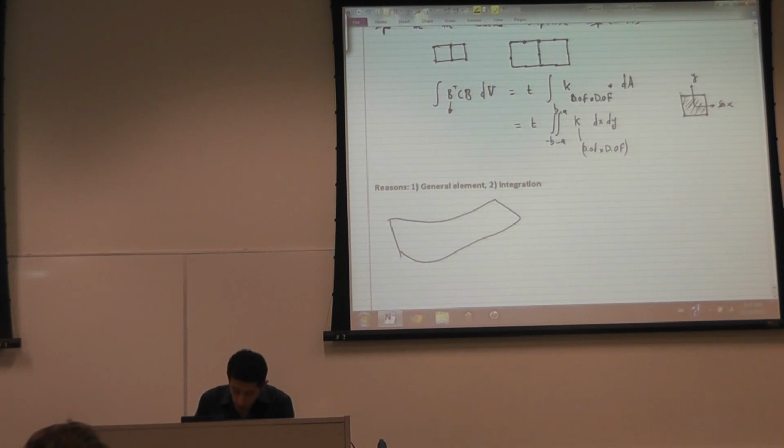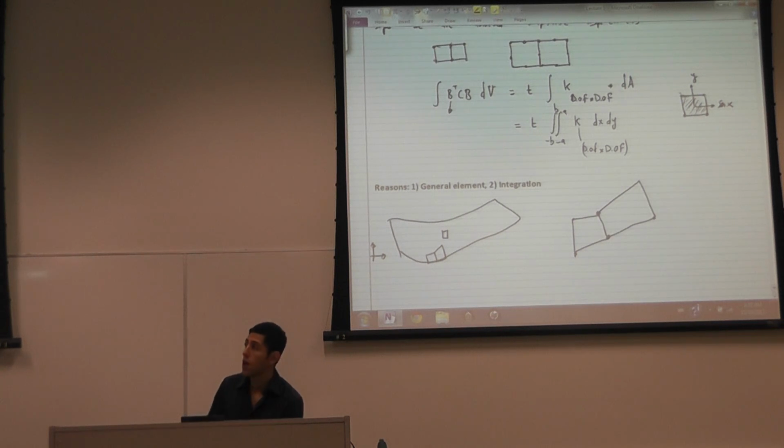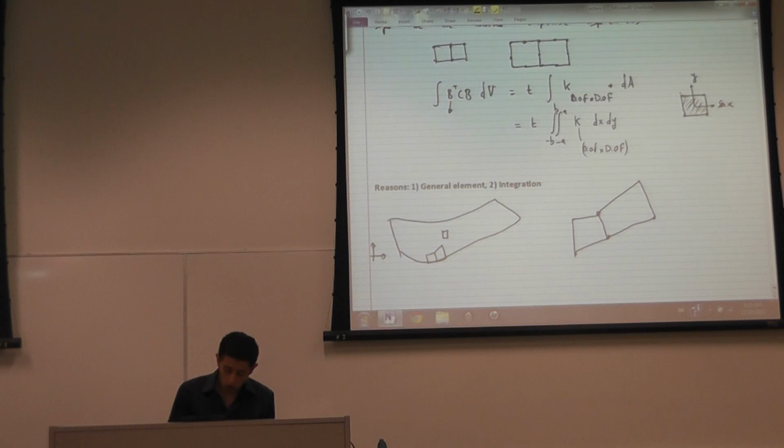Which means maybe this element will look like this, or aligned with my coordinate system, but some elements will have this shape. And the neighboring element will even have a shape like this, and for this element and for this element, I want a displacement that ensures the following. Number one, I want to ensure that the displacement as I approach the side is equal to the displacement as I approach the side from the neighboring element.